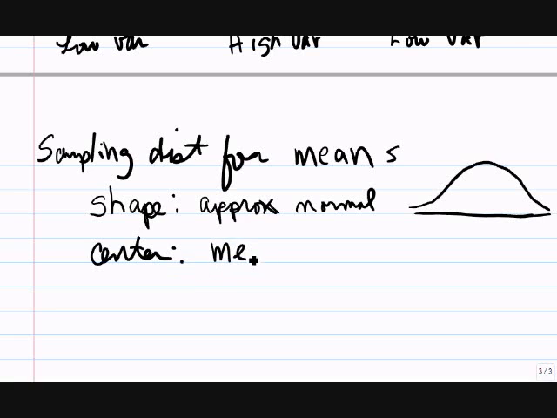Okay. Center. It better be the mean of the parameter. The mean of the parameter for our female heights was 64.5. The mean of our sampling distribution better be 64.5 also. And our spread, what's the spread look like compared to the population spread? Take a look at the sampling distribution and compare that to the population.